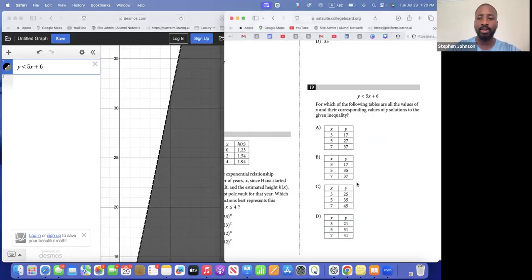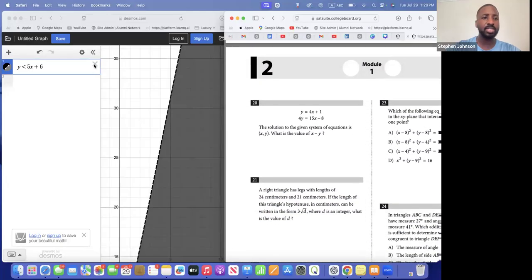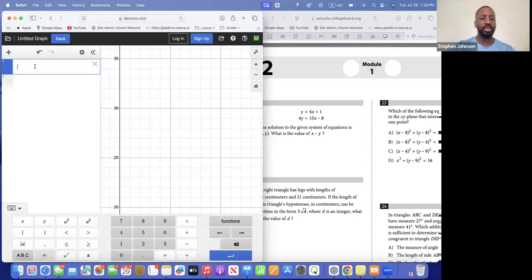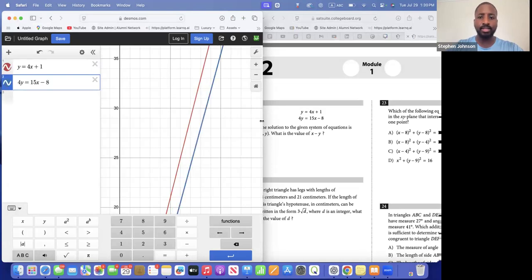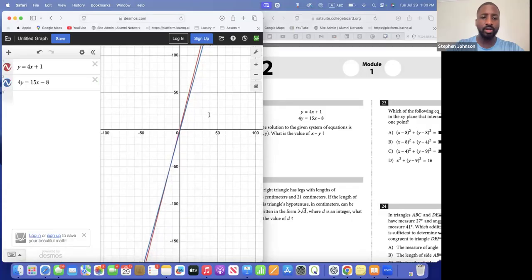Let's move on from there. Number 20, perfect, a system of equations. So we're going to go straight to y equals 4x plus 1 and 4y equals 15x minus 8. Let's zoom out. Looks like they cross each other down here somewhere.